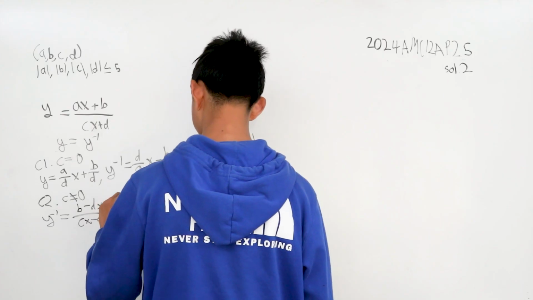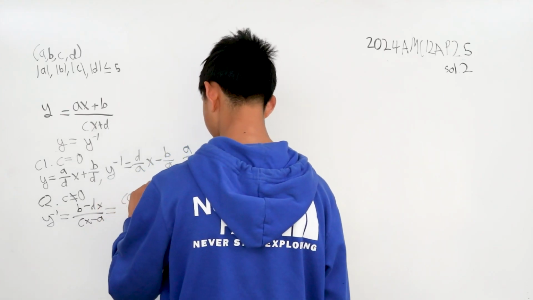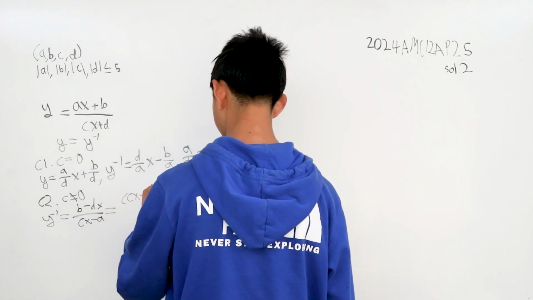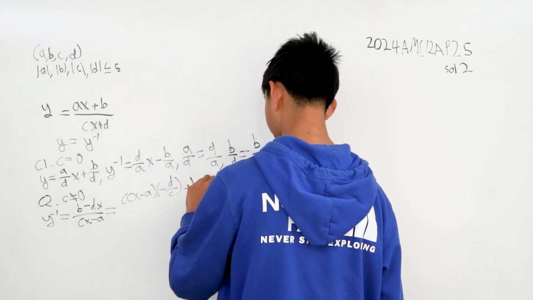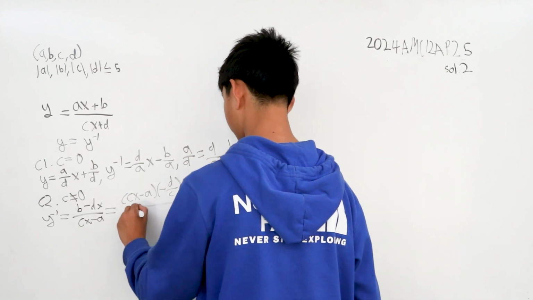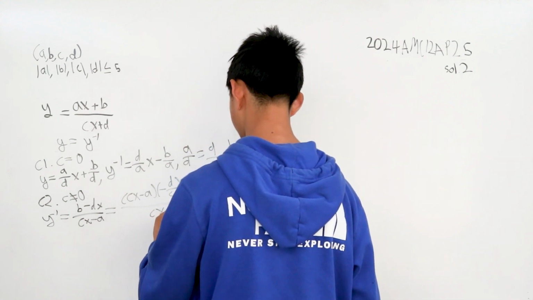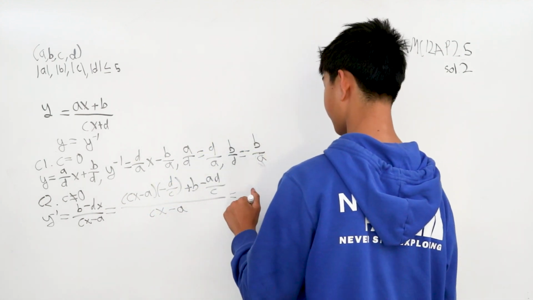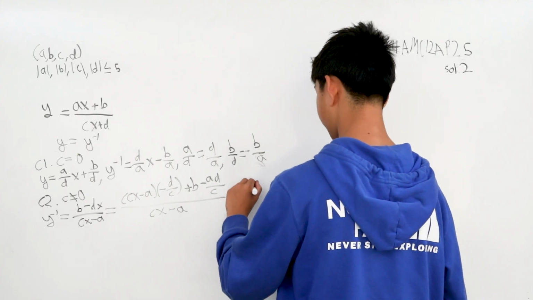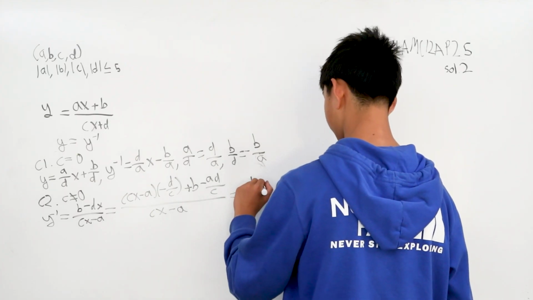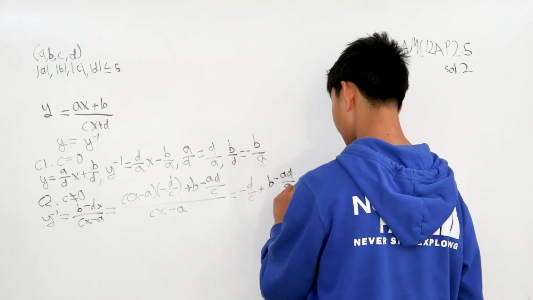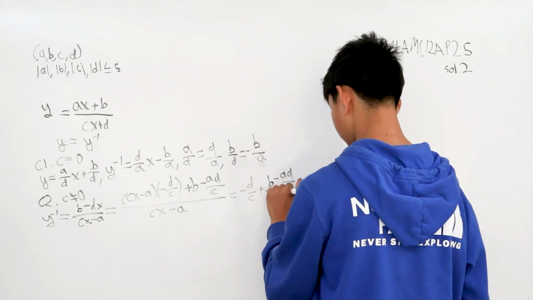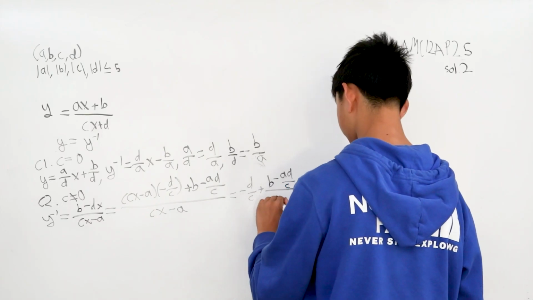This becomes cx minus a times negative d over c plus b minus ad over c, all over cx minus a. This simplifies to negative d over c plus b minus ad over c over cx minus a.